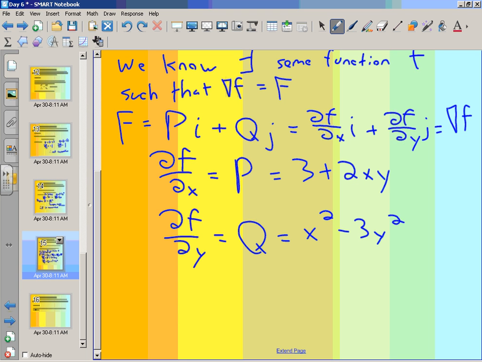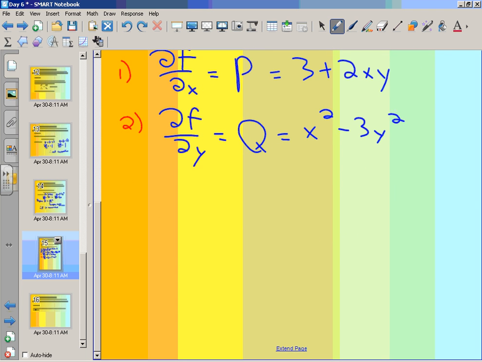Okay, so how could we use these to figure out what f is going to be? That's all we have to do. We integrate this one with respect to x, and this one with respect to y, and then compare. I'll show you what I mean by comparing in just a second. Let's call this one 1 and this one 2.